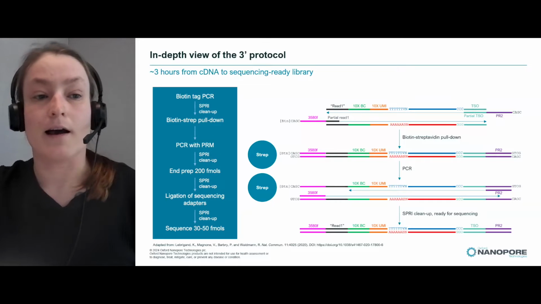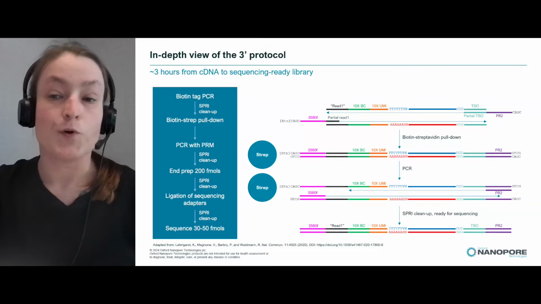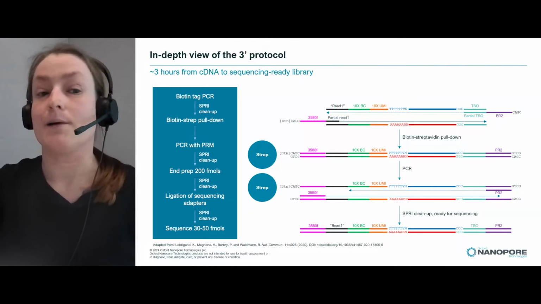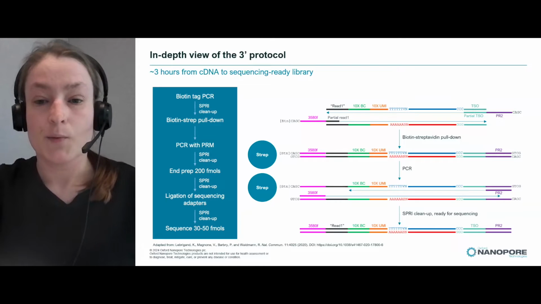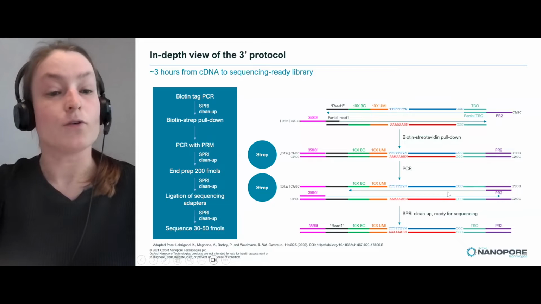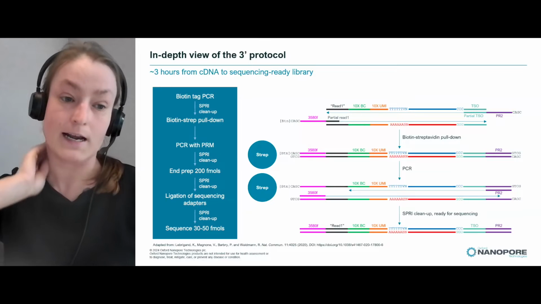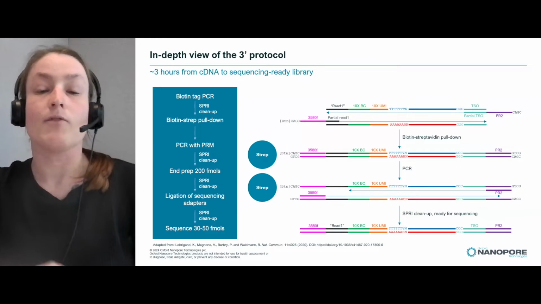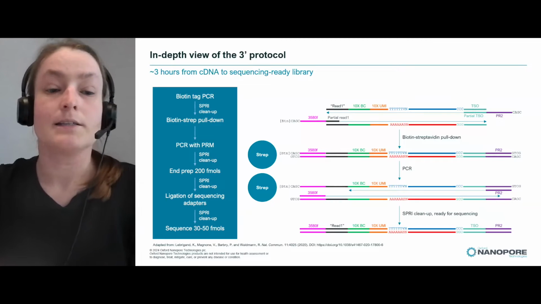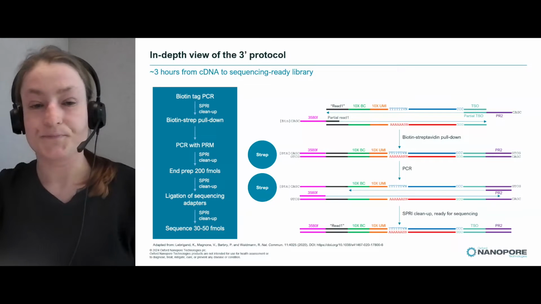So the reason that we have two PCRs is that this biotin strep pull down removes that artifact, and then we can go on to amplify just the regions that we want to amplify. Once you've got through your second PCR and your cleanup, you have your cDNA ready to end prep with 200 femtomoles of cDNA to adapt, and then we recommend sequencing 30 to 50 femtomoles of that product, which will give you really good pore occupancy and some really nice reads.